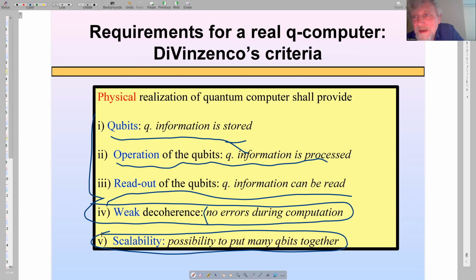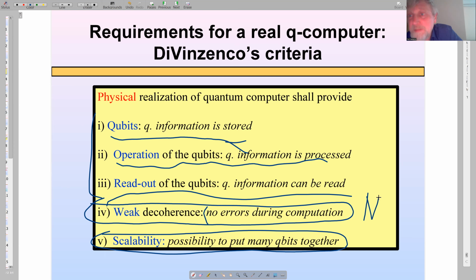And there was long experimental and engineering work to make practical devices satisfying these criteria. To some extent, the number of qubits working together is the most important criterion for the realization of a quantum computer, to tell whether a quantum computer is good, powerful, or not.